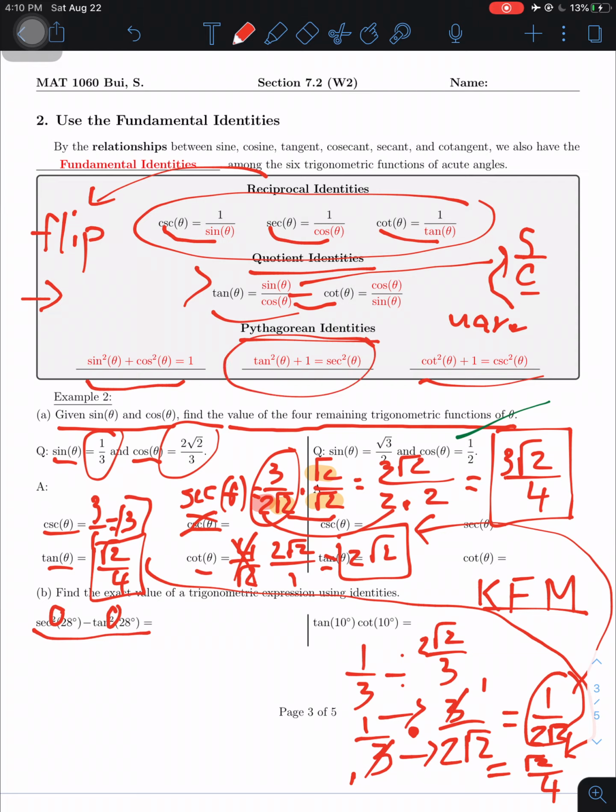Okay, so our job is to manipulate this to become that. How can we do that? Secant, we have secant, but we don't have minus tangent square, right? So let's subtract tangent square from both sides.